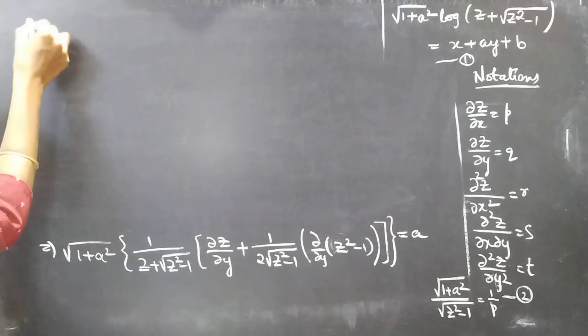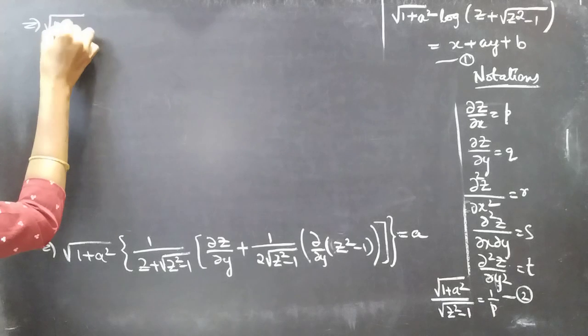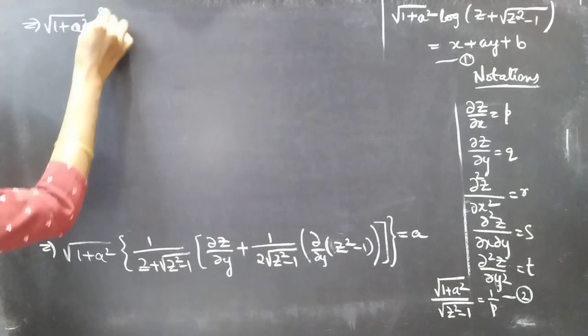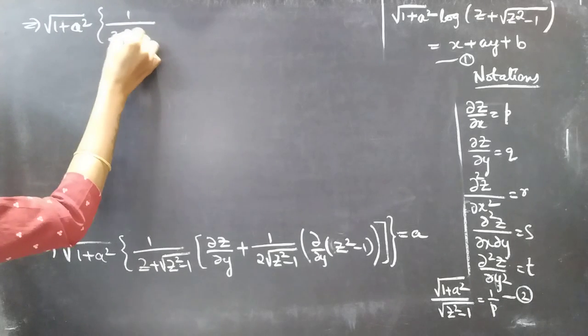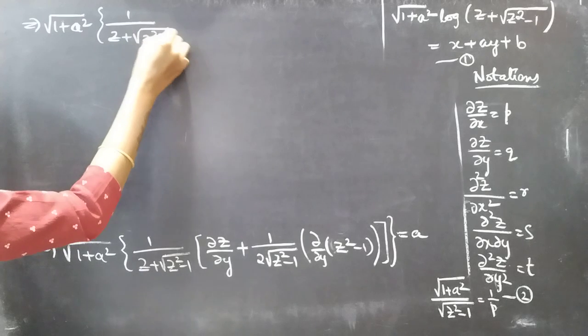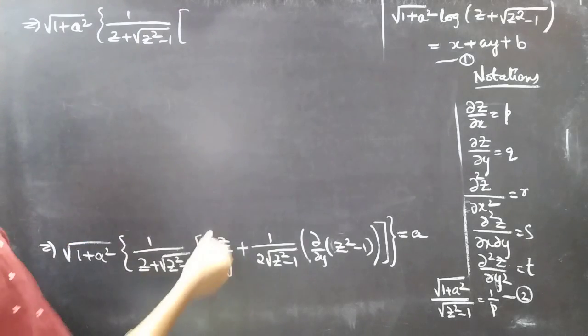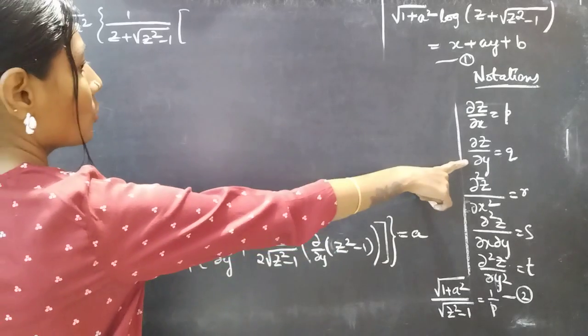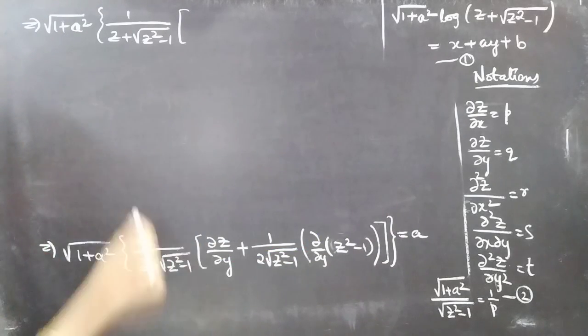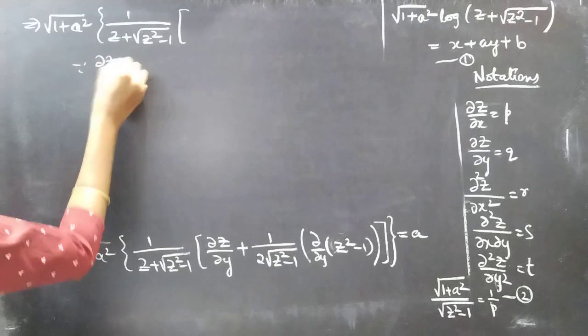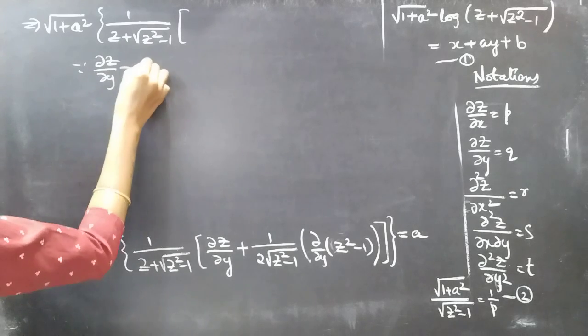This gives us square root of 1 plus a square into 1 by z plus square root of z square minus 1 into dou z by dou y. Since we have a notation dou z by dou y equal to q, so let's replace dou z by dou y by q.